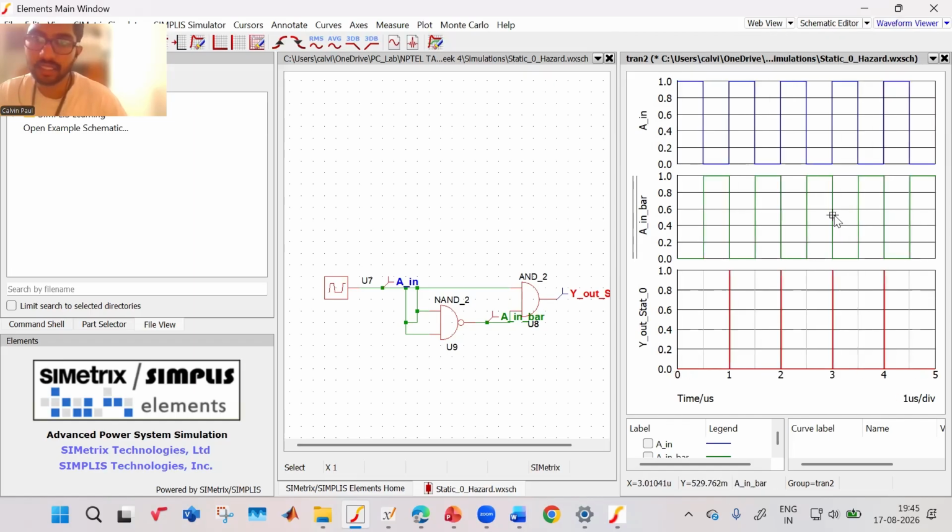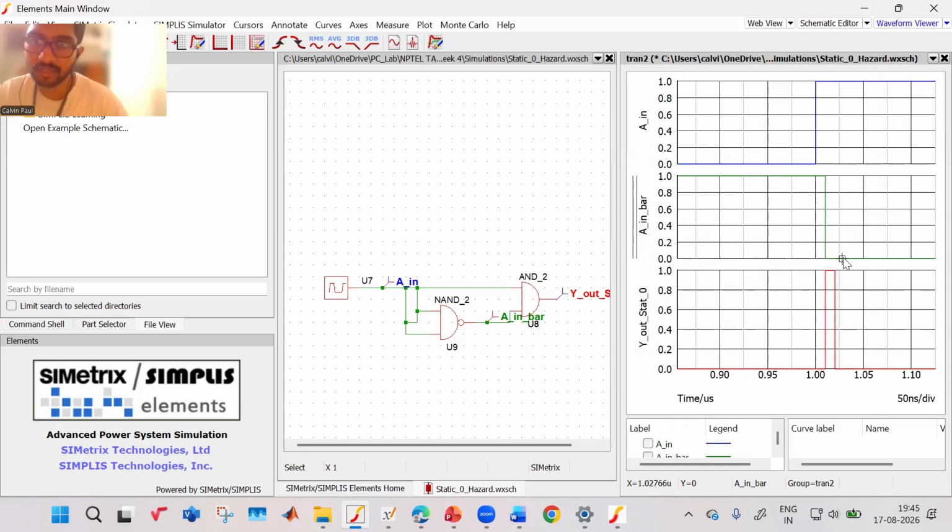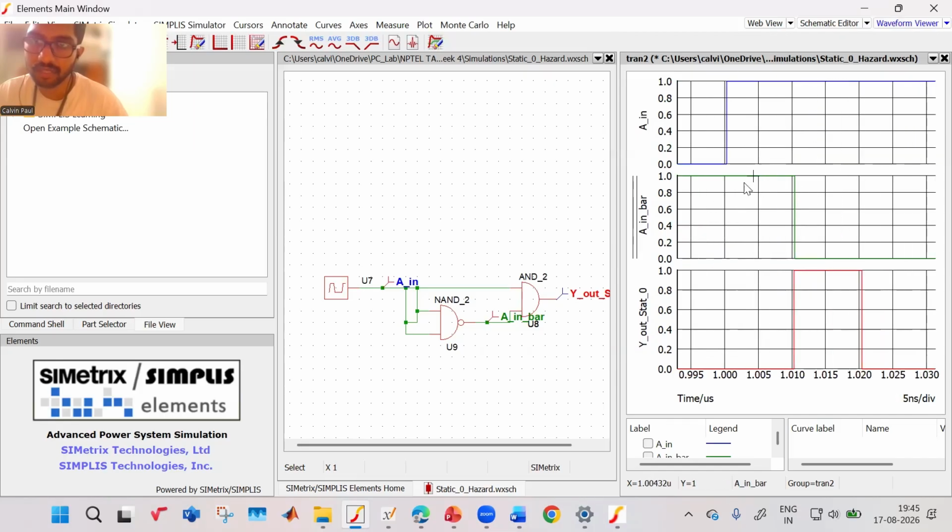But in the next case, A has gone from 0 to 1. And A bar, to go from 1 to 0, takes some time. And then you can see there's a momentary high. Why does this momentary high come?